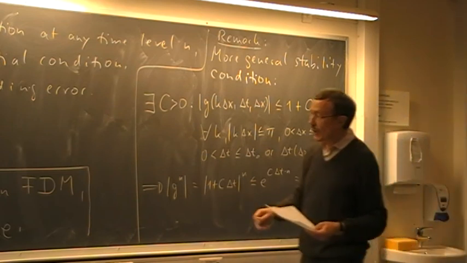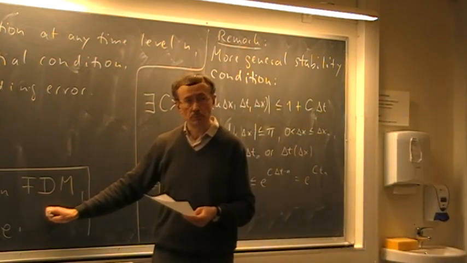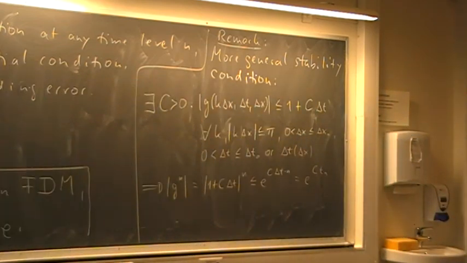But the one that we are going to use is this one. So let us check that stability condition now for our scheme, the forward time-centered space scheme.